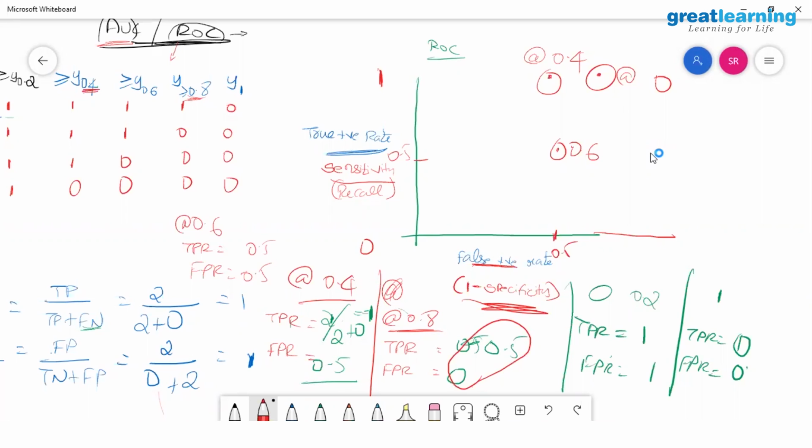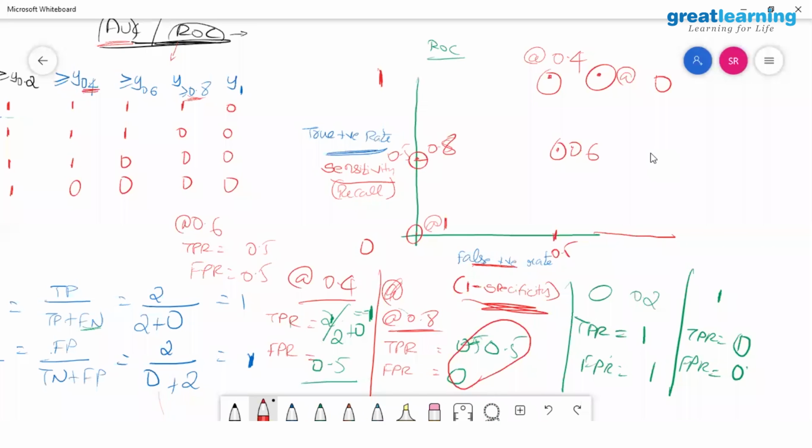Where does it lie? On the y-axis, 0.5. This is 0.8. Now, what happens for 1? 0, 0. Origin. In the origin plot at the threshold 1.